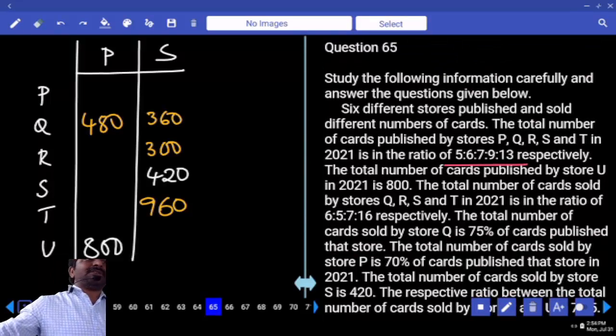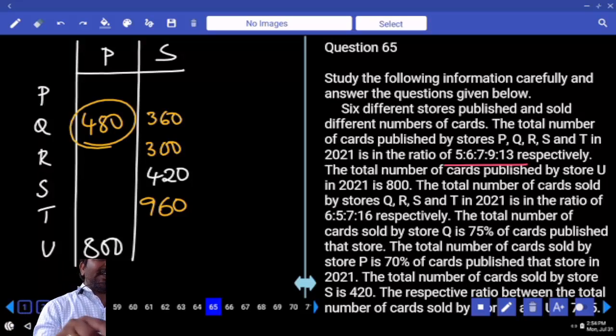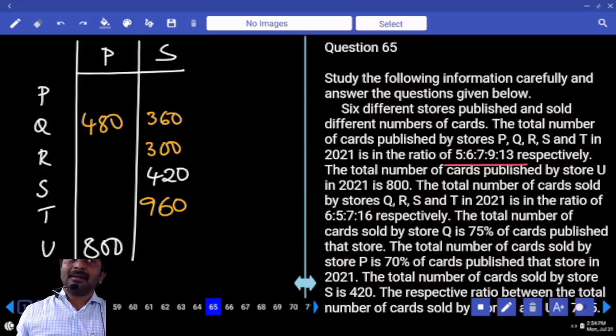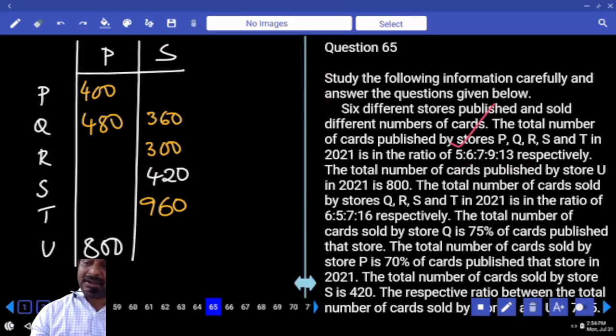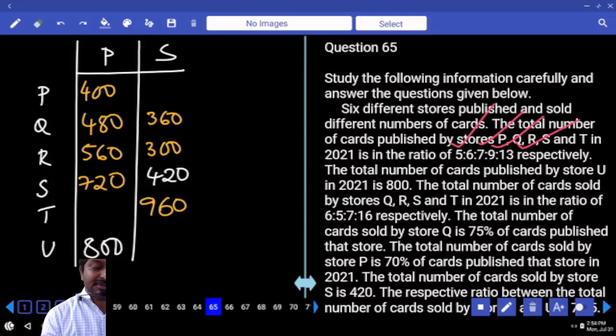This is the published ratio for PQRST, where Q is which number? Second number. How many parts? 6. How many times is 480? 5 8s are 400. 7 8s are 56 and then a 0. 9 8s are 72 and then a 0. 13 8s are 104 and then a 0.